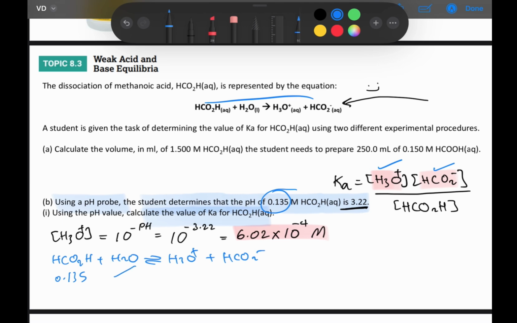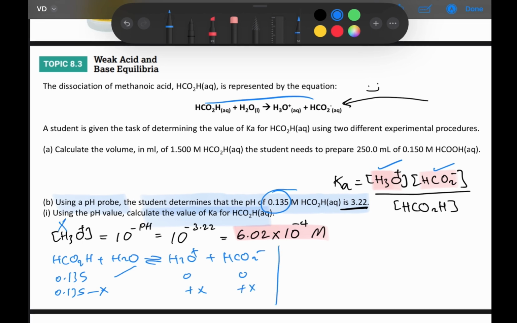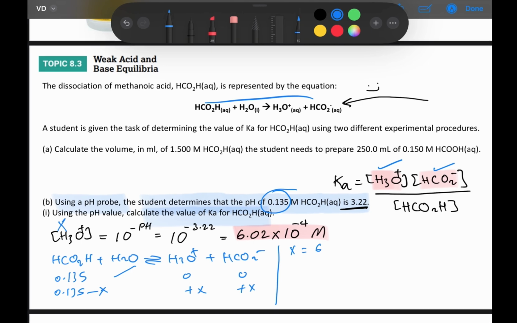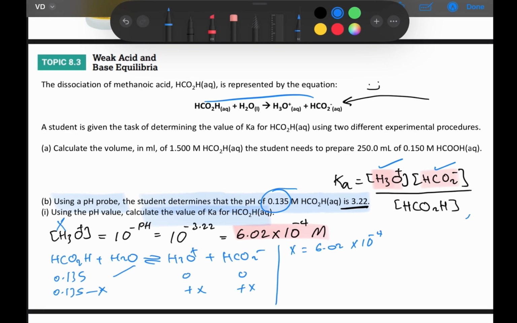We don't care about water, and these are zeros at initial concentrations. And then we have to say 0.135 minus x, plus x, plus x. Since we know the value of x, which represents the concentration of hydronium ion, x is equal to 6.02 times 10 to the power negative 4. And the concentration of the acid is subtracted by x, so I have to subtract again here.